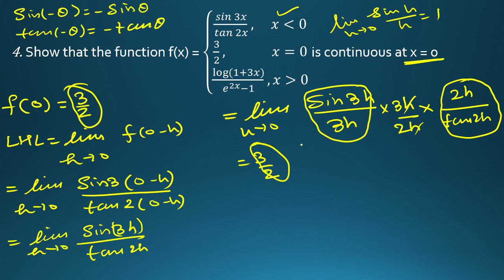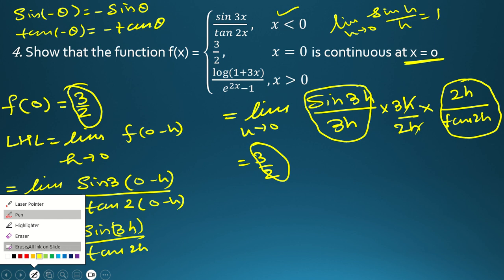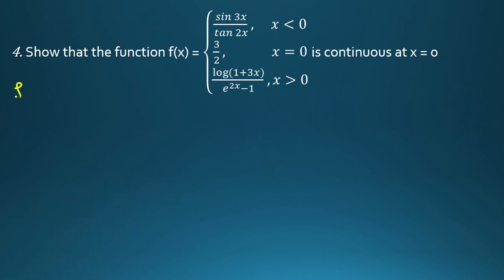So we are going to check for RHL also. Okay, for RHL I will erase it all. f(0) was 3 by 2, and it was equal to LHL also. Now we are going to find RHL.